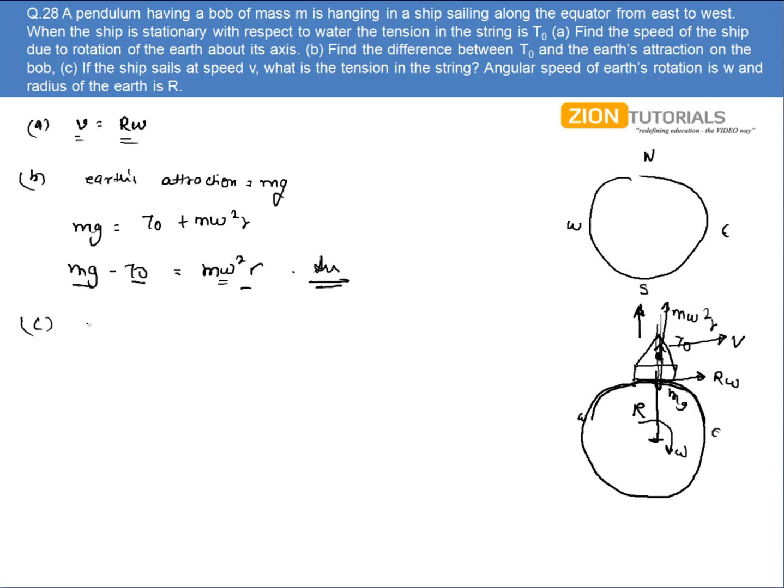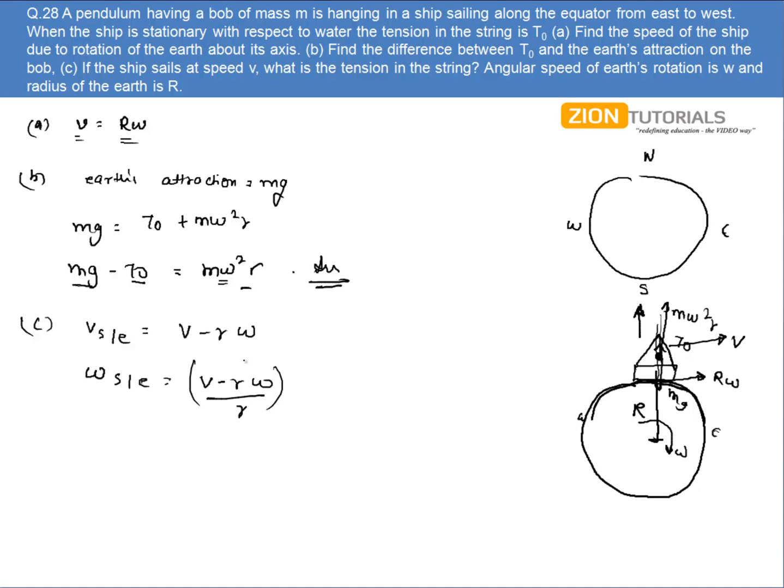So the relative velocity of the ship with respect to the earth will be given by v minus r omega. I'll calculate the actual omega with which the ship is rotating now, and that will be given by v minus r omega by r.